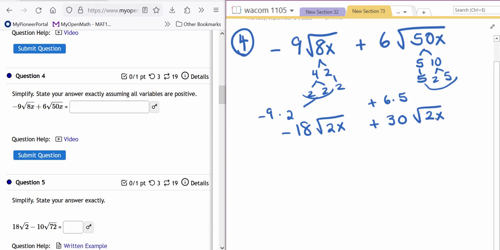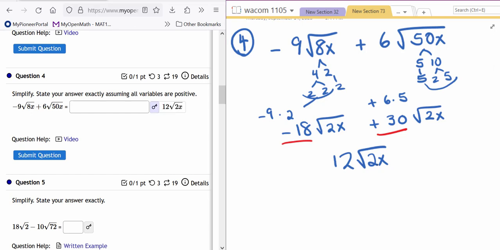And these can go together because both have square root of 2x. So your math is on the outside. 30 minus 18 would be 12. And you keep your radical just like it is. So that was 4.